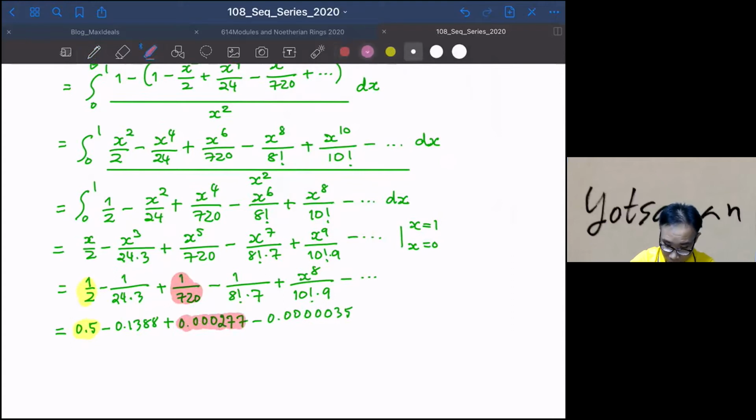And the fourth one is here. And the fifth one, I don't quite care much. So this one will be not x to the 8, right? Sorry, it's going to be 1.